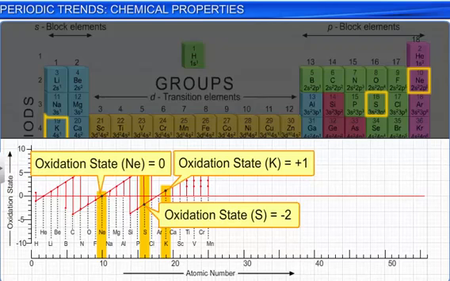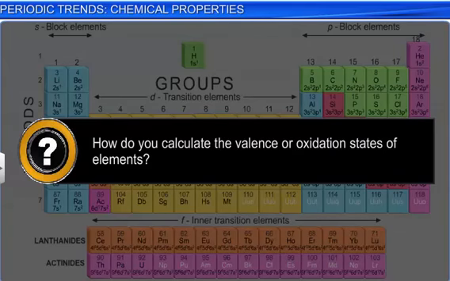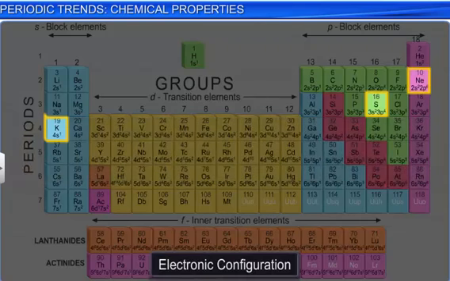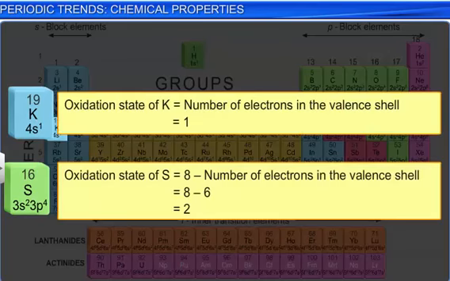How do you calculate the valence or oxidation states of elements? They can be deduced from the outer electronic configurations of elements. For representative elements, it is usually equal to the number of electrons in the outermost shell and or 8 minus the number of outermost electrons.